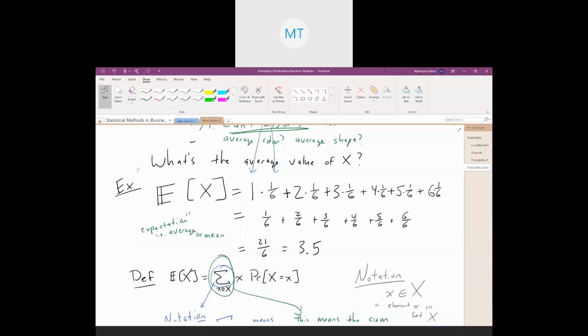Okay. Great. So, one question. This 3.5 number, you can't get a 3.5 when you roll a die. So why is that the number that you expect to get? Or why is that the average number that you would get on a die that only has 1, 2, 3, 4, 5, and 6 on it?